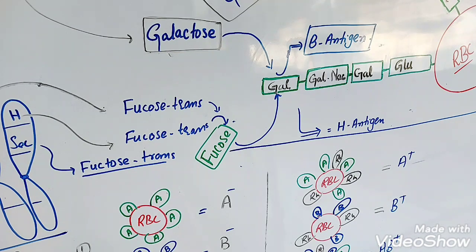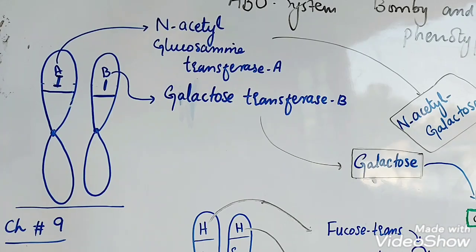Further modification is performed by the product of another gene, and that gene is found on chromosome number 9. As I stated, now we have H antigen on the surface of RBCs, and the further modification of H antigen will be performed by the product of this gene, the I gene.